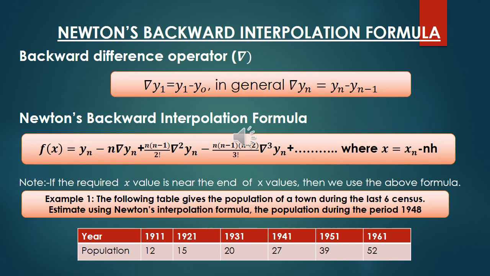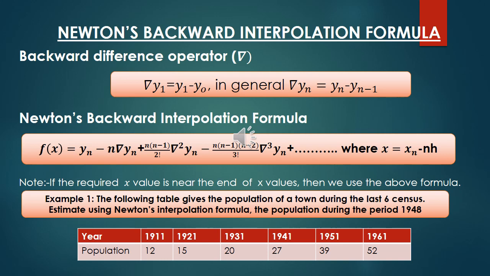Population 12, 15, 20, 27, 39, 52. The question is, calculate the population during the period in 1948.